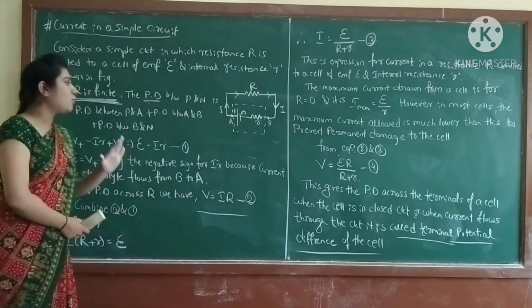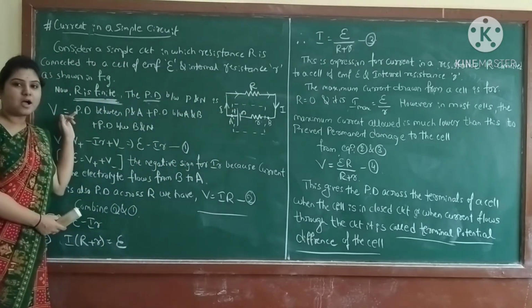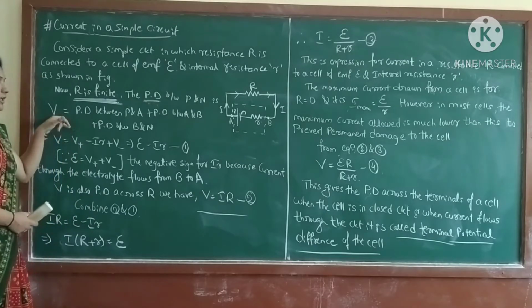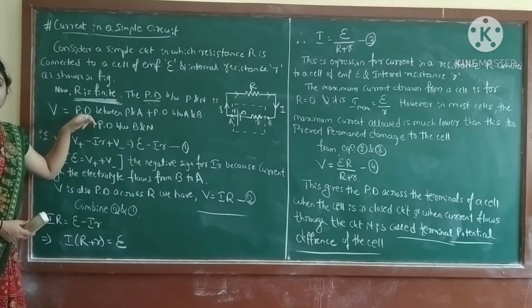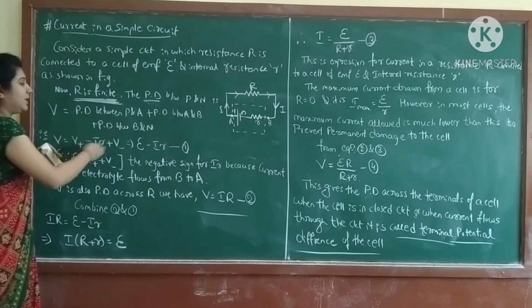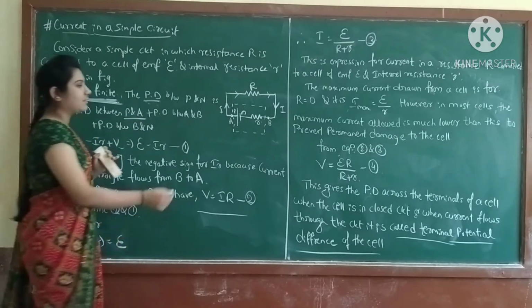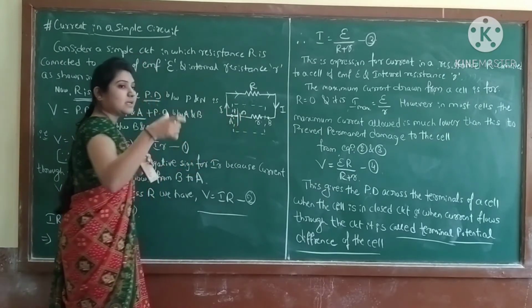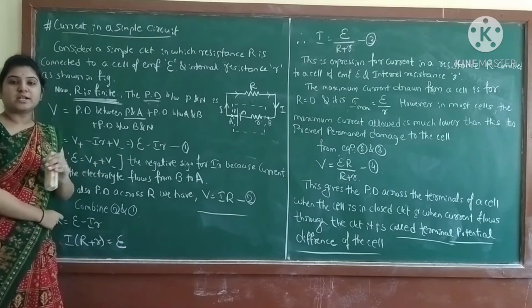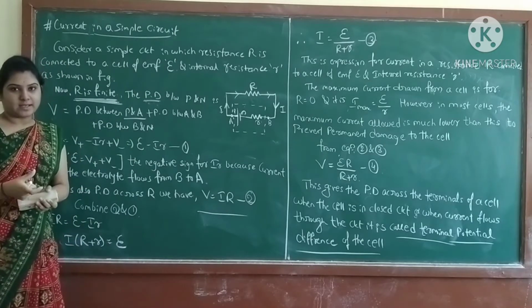Correct? So what will we get now? The total potential difference V is equal to the potential difference between P and A. In between this, some amount of potential difference is present, that we are taking now.